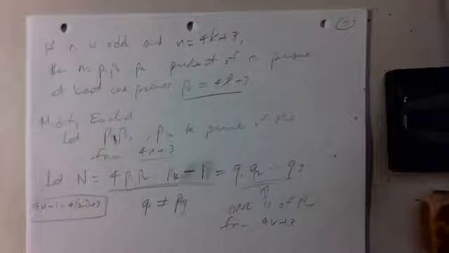Prove that n is prime if and only if d_r of n is equal to r. So if you're going to write a number as a product of positive integers, if it's prime, you're going to use r of them.